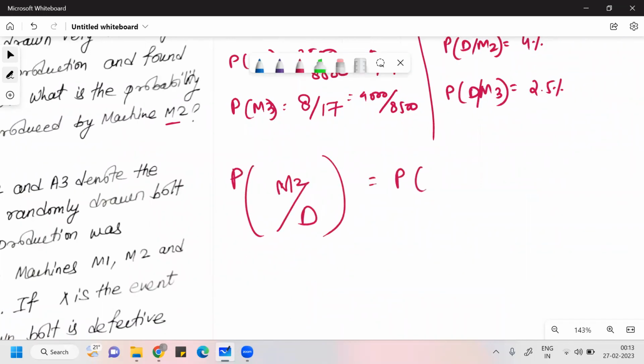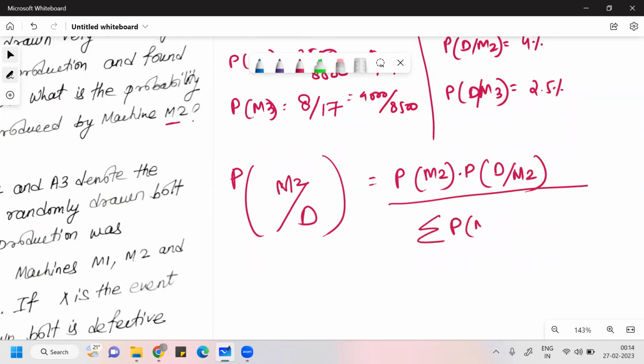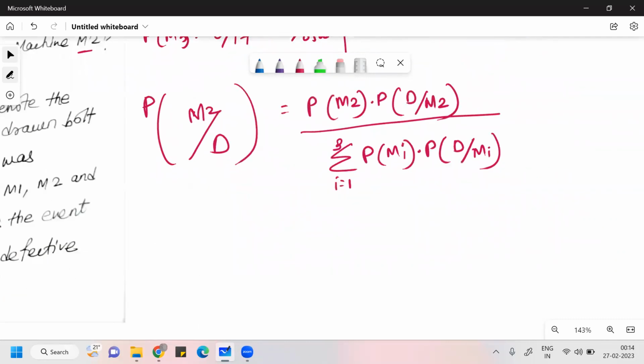The probability that you choose machine M2 into the probability that you choose a defective component from machine M2, divided by the total probability of choosing any machine into the probability of choosing a defective component from that machine, where you have machines from 1 to 3. Clear everyone? So this is how we do.